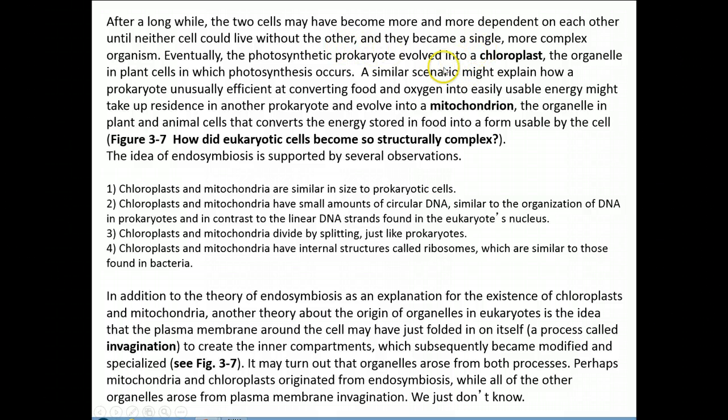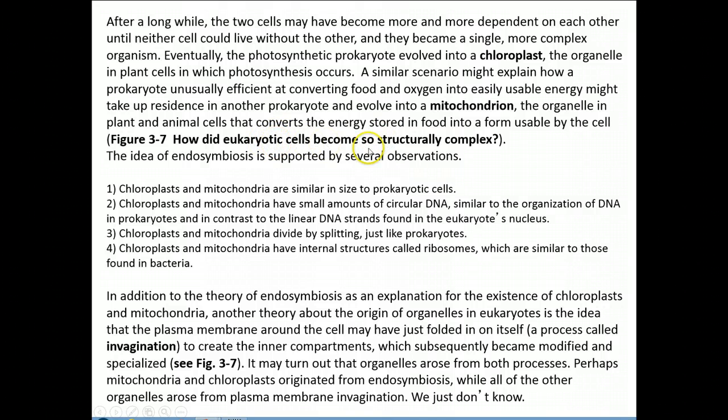They became single, more complex. So the prokaryote evolved to be a chloroplast, an organelle that the plant cells have taken in, and then some prokaryotes may have evolved into a mitochondria, and that organelle has been able to be taken in. So mitochondrion is a singular form, mitochondria is a plural form.